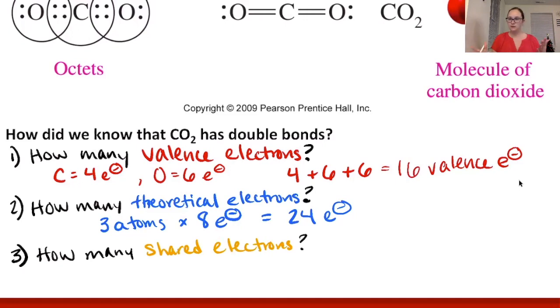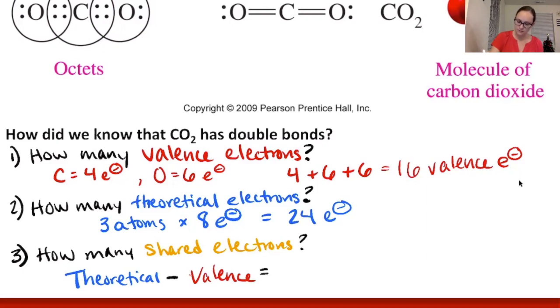This means what is the difference between the theoretical and the valence, because those are the number of electrons that need to be shared between 2 atoms in order to make it so that we're having enough electrons in each orbital. So to do this, we're going to take our number of theoretical electrons, and then we will subtract our number of actual valence electrons. So theoretical minus valence, and that's going to equal our shared.